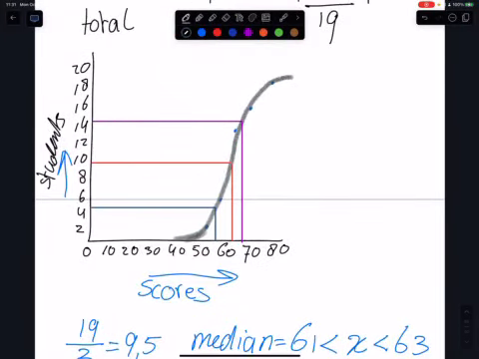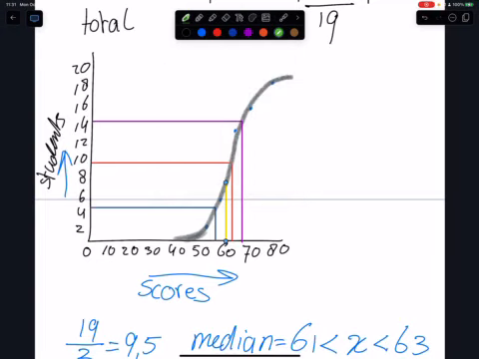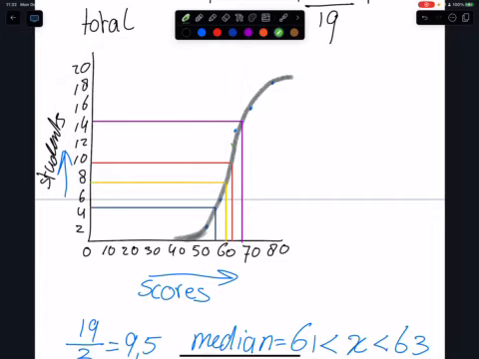First step, you look at the graph. Where is 60? Here. Go up. Give it a color, let's do yellow. So with 60, you could say 8.